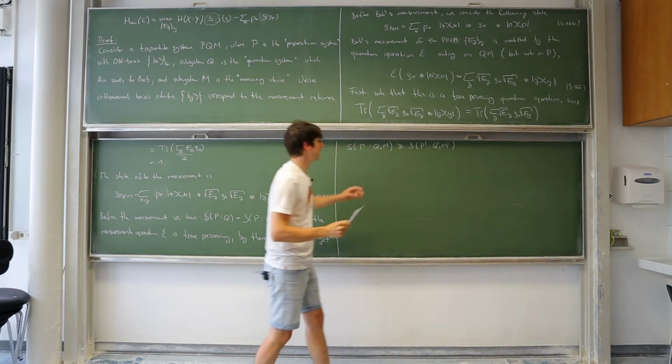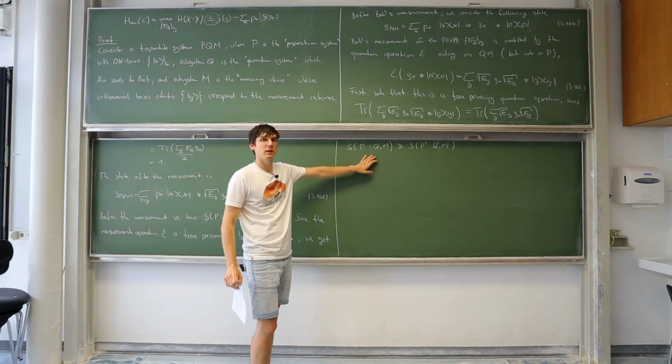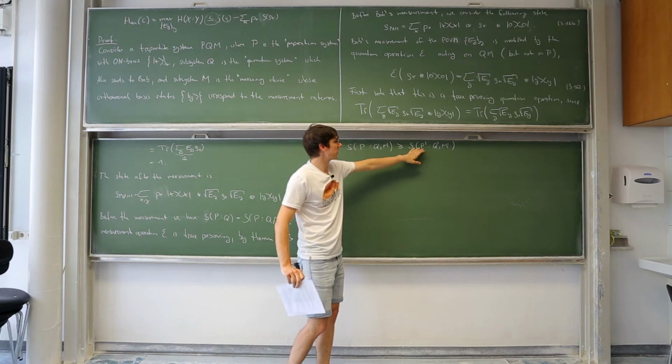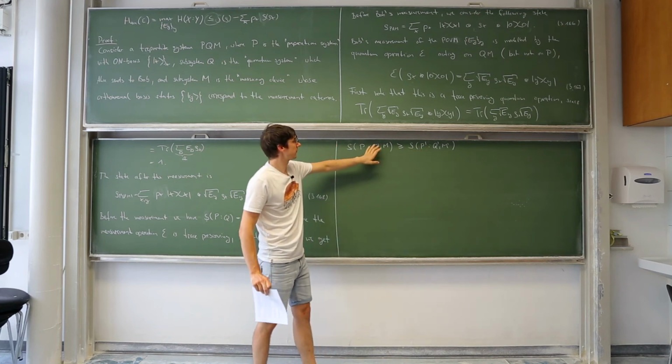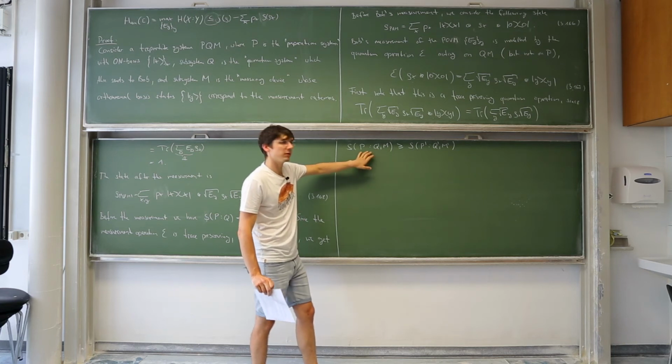So here we simply applied the theorem. We said that the mutual information after the measurement of this subsystem Q must be smaller than before.